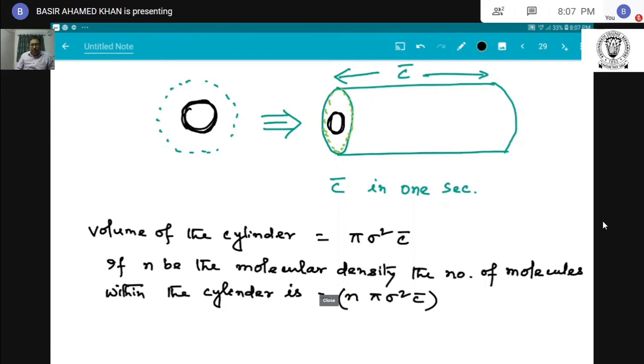So the free path becomes, this is important, where n is the molecular density.